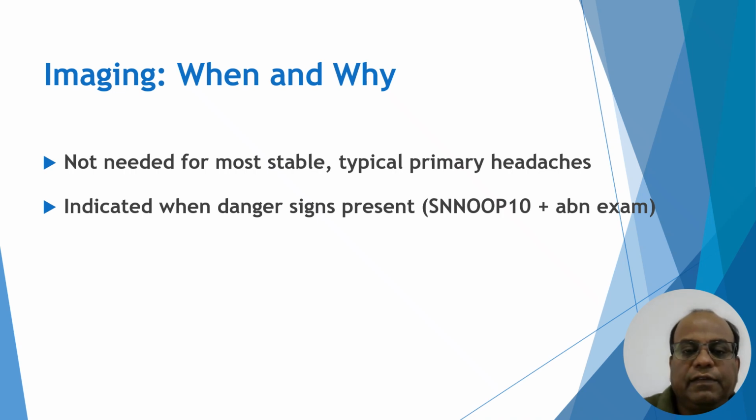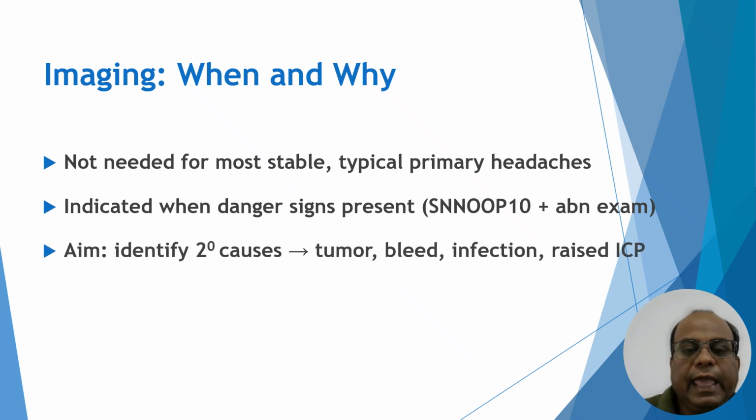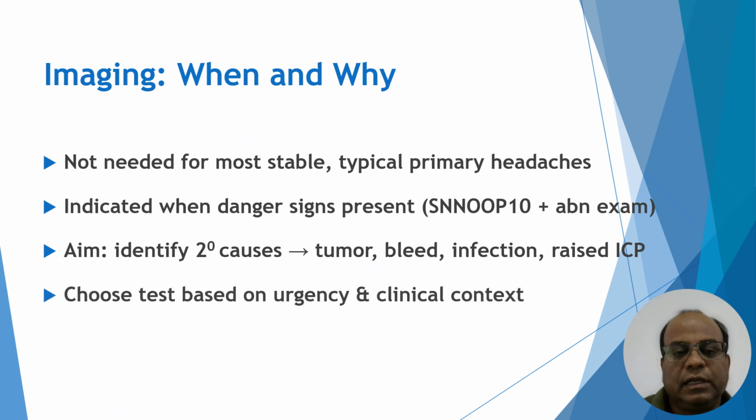And imaging is a very important investigation in neurological evaluation of headache. The aim is to identify secondary causes like tumor, bleeding, infection, or raised intracranial pressure. So you have to choose the test based on urgency and clinical context.